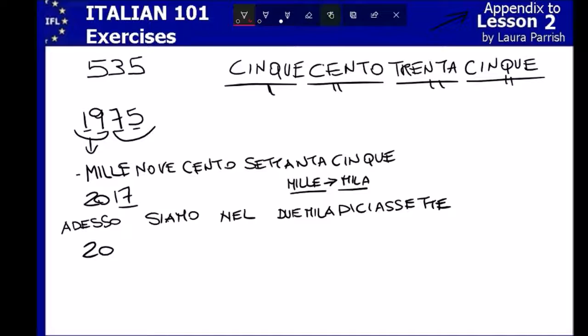Let's say the year 2000. No, you know what? I want to do it without the 0 here. So let's do the year 2138. Wow, very far in the future. So it will be 2000, 138.